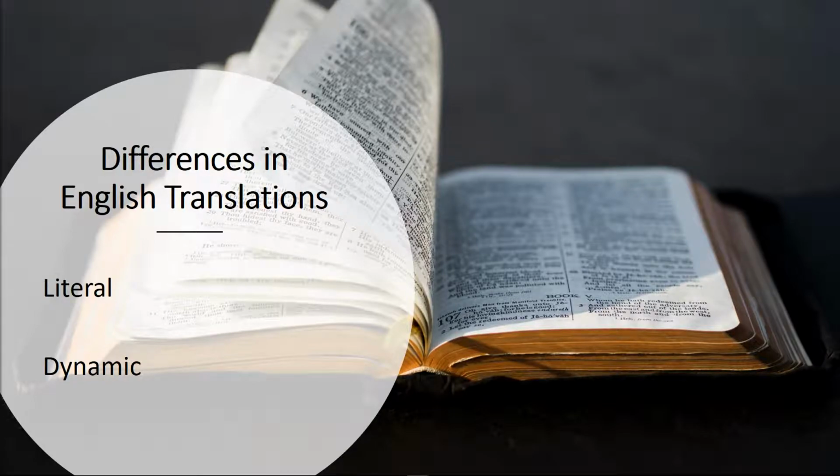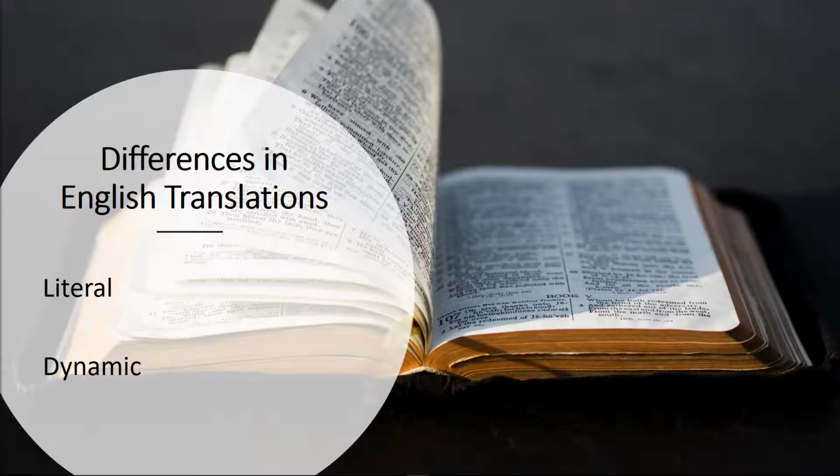Now, on the other side of the continuum, the dynamic translation, they seek to convey the thought the author had. In order for translators to do this, they look not only at the words and the grammar of the original language, they try to discern the thought the author was trying to communicate. Then they try to find the best words and grammar and way to communicate that to a contemporary English reader.